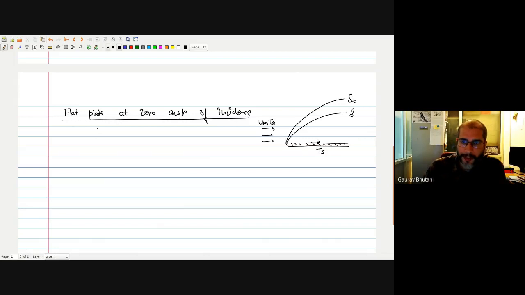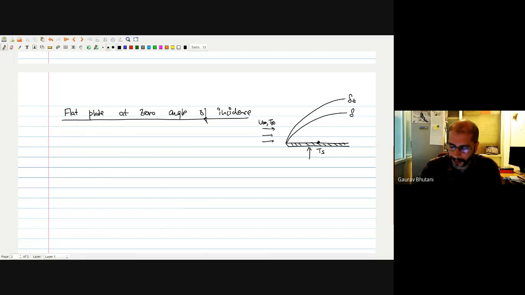Our aim, remember, is to solve for the temperature here, because we developed the energy equation to solve for the temperature as a function of x and y. And then if I take the temperature as a function of y at a given x value, that is at a given distance from the leading edge of the plate, that will give me the gradient of temperature as a function of y.